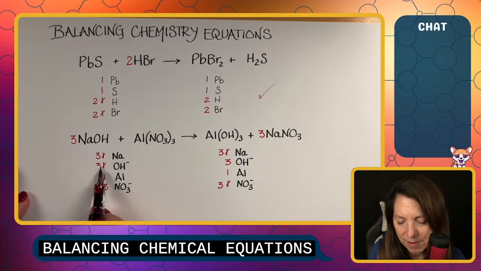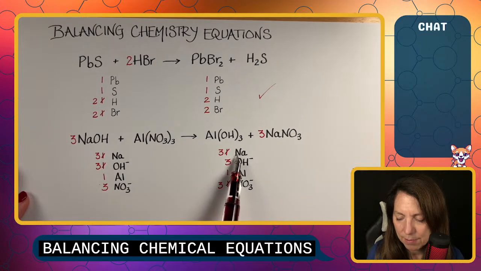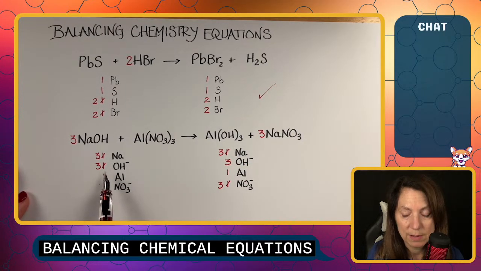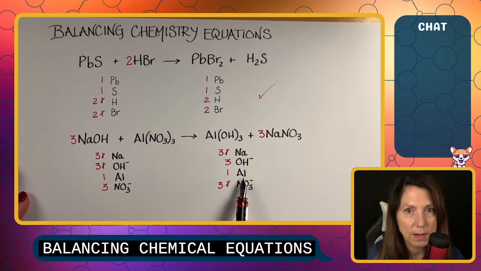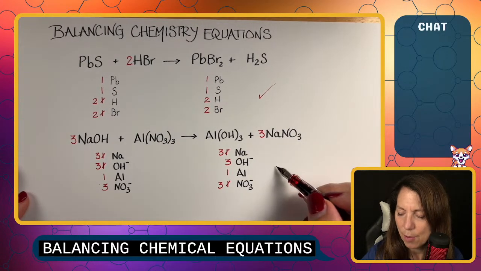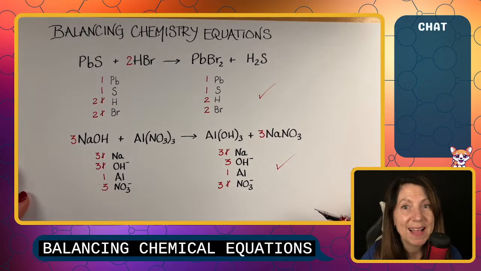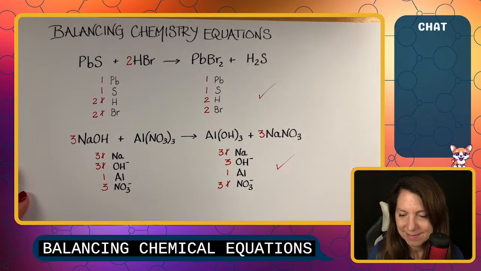So that worked in our favor because now we've got 3 and 3 sodiums. Excellent. Those match. 3 and 3 hydroxides. Great. 1 and 1 aluminum and 3 and 3 nitrates. So check. We have a balanced chemical equation. Yay. All right, shall we do another?